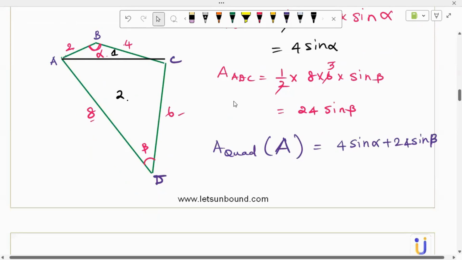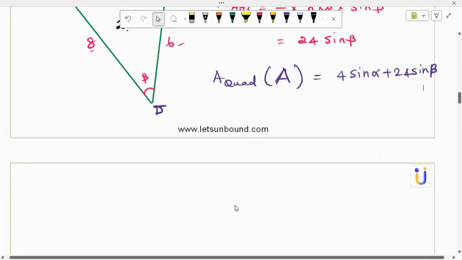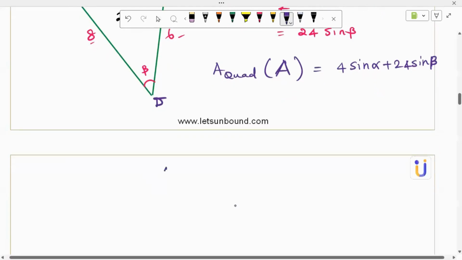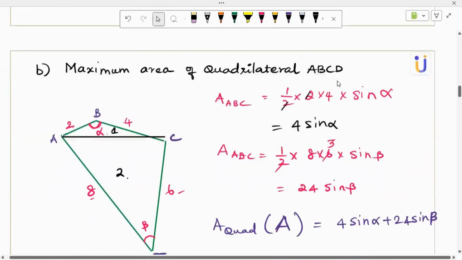And we already know alpha in terms of beta, so let's choose it. We are going to convert everything in terms of beta. Right? So the expression we have is here. Alpha can be written as cos inverse, that's the previous problem. Cos inverse of 6 cos beta minus 5.